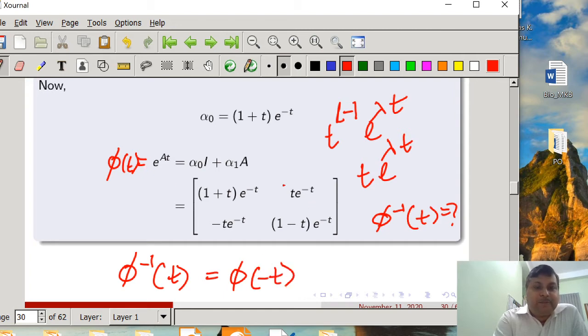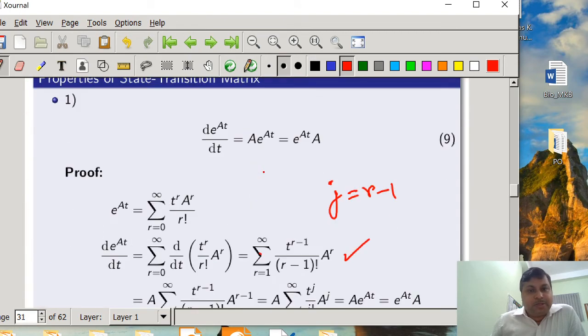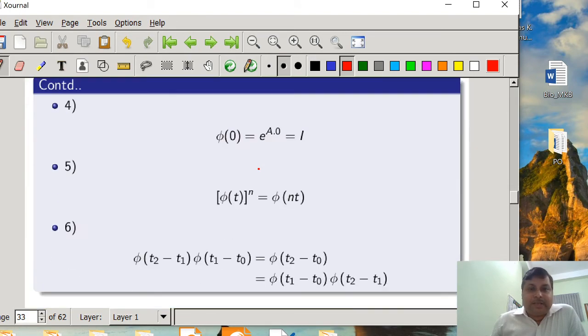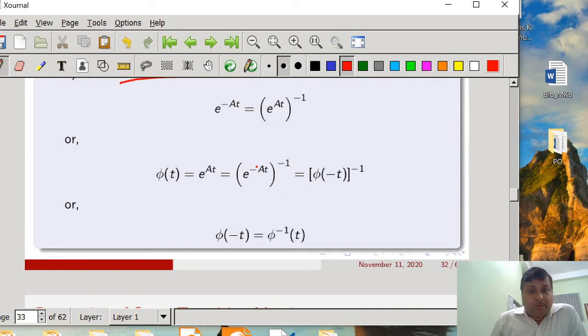So if it is phi of t, then it is very easy to calculate phi of minus t. T will be replaced by minus t and you can get the inverse of e to the power at. So this is the way you can calculate the inverse of e to the power at, which will always exist.